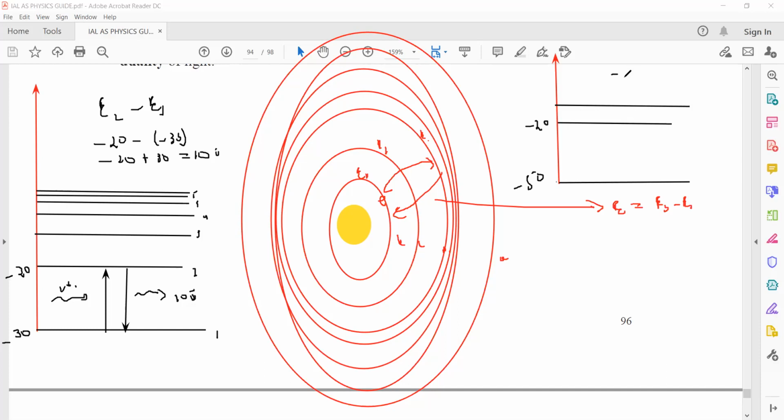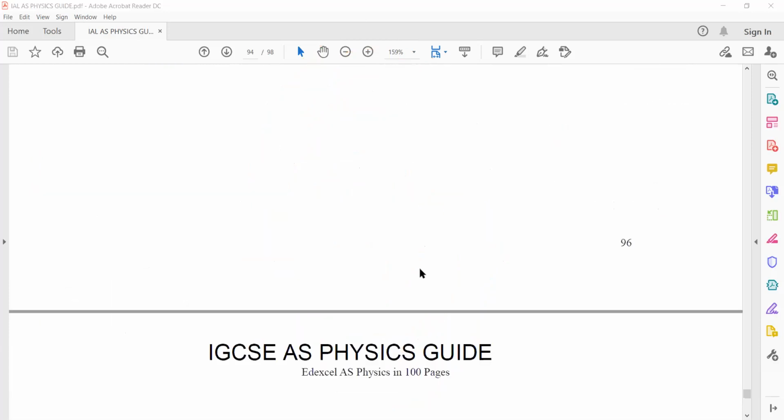So it will be minus 20 minus minus 50, which equals 30. So when the electron returns, it will release a photon of energy 30 joules. So line spectra are also known as the fingerprint of the element.